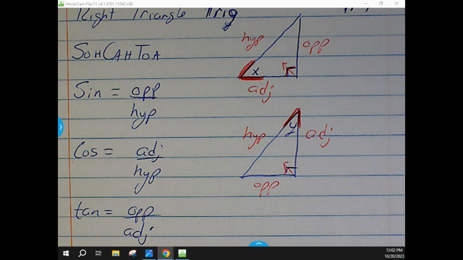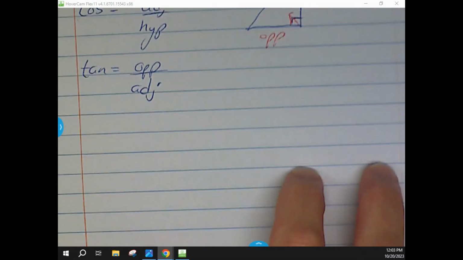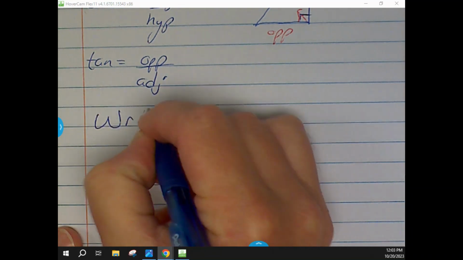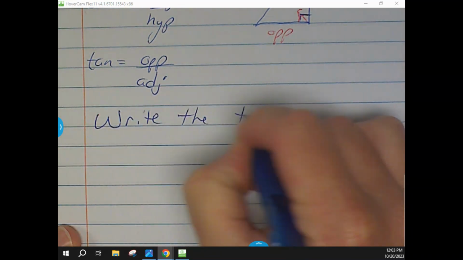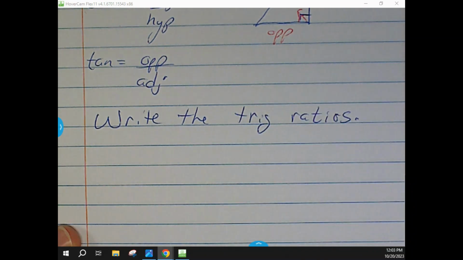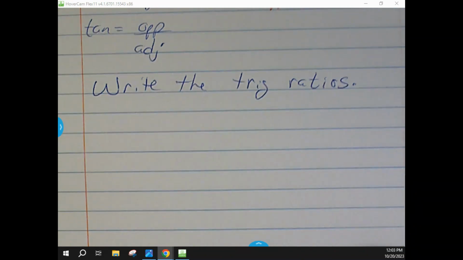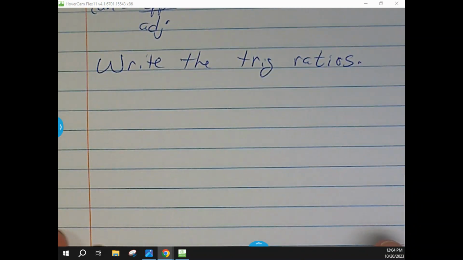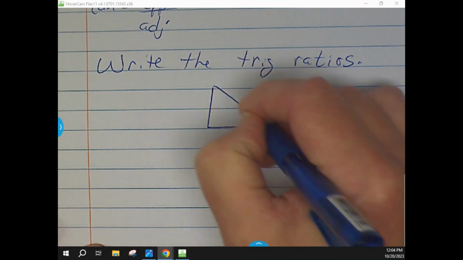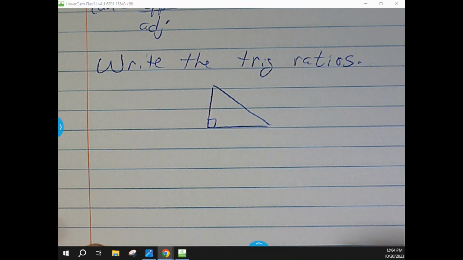Okay. All right, so what we're going to ask you to do in this case is you're going to start off with a triangle, and they're going to ask you to write out the trig ratios. Okay, and they should give you a triangle with different measurements on it.